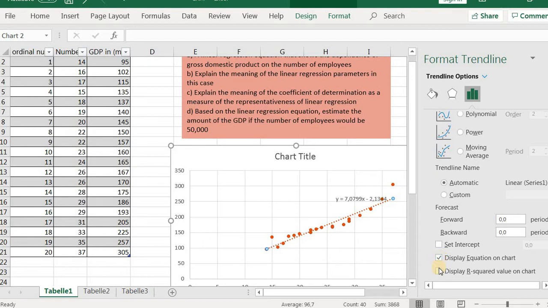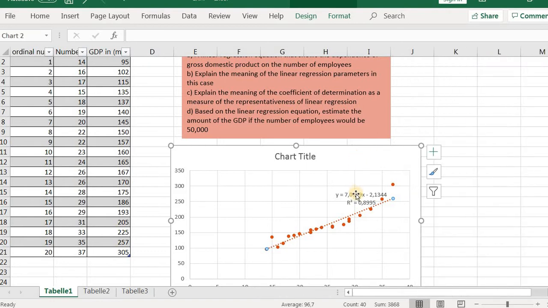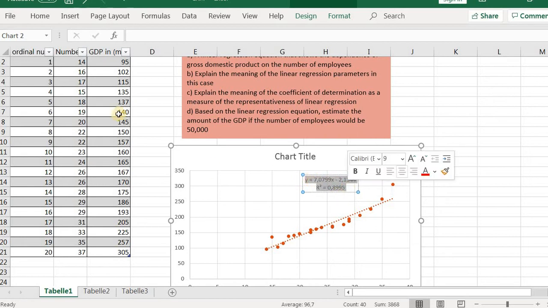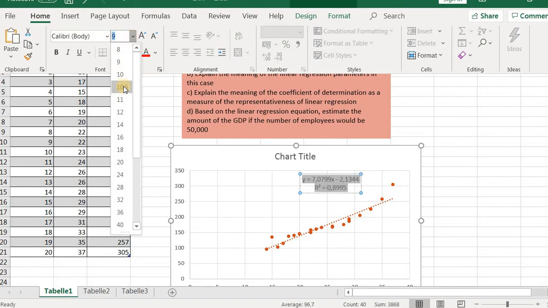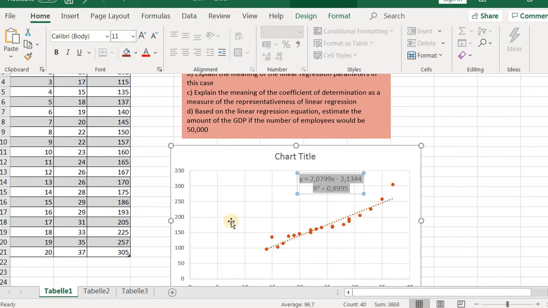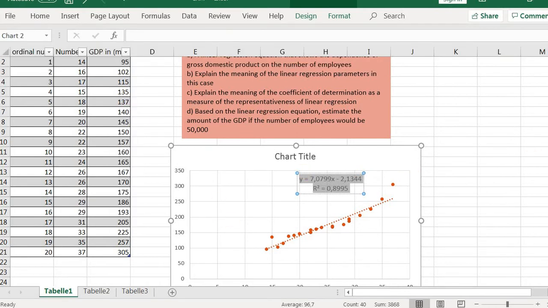So choose these two options here and pull this formula here, make it bigger, it's okay, and that's it.